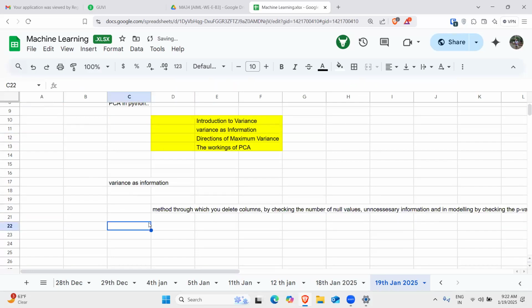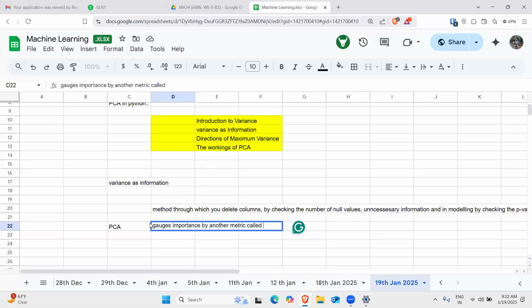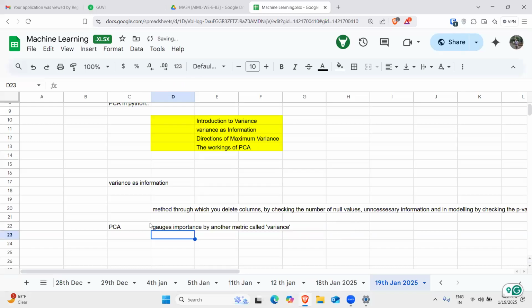Now, PCA gauges the importance of a column by another metric called variance. PCA gauges importance by another metric called variance, that is, how varied a column's values are.